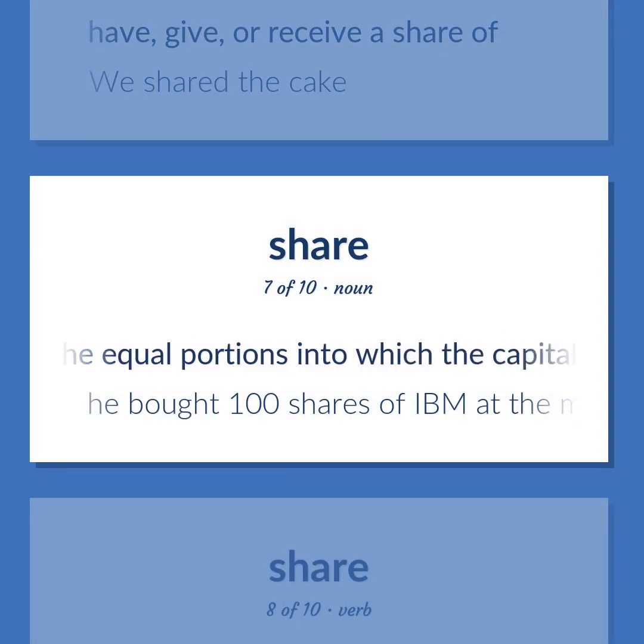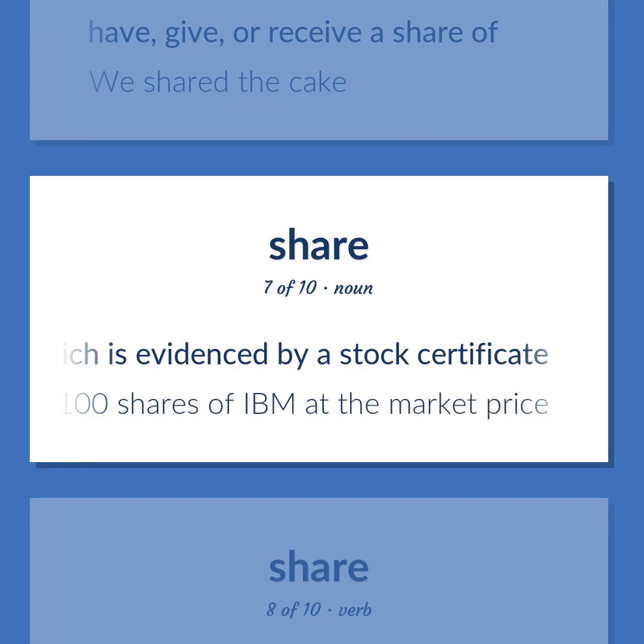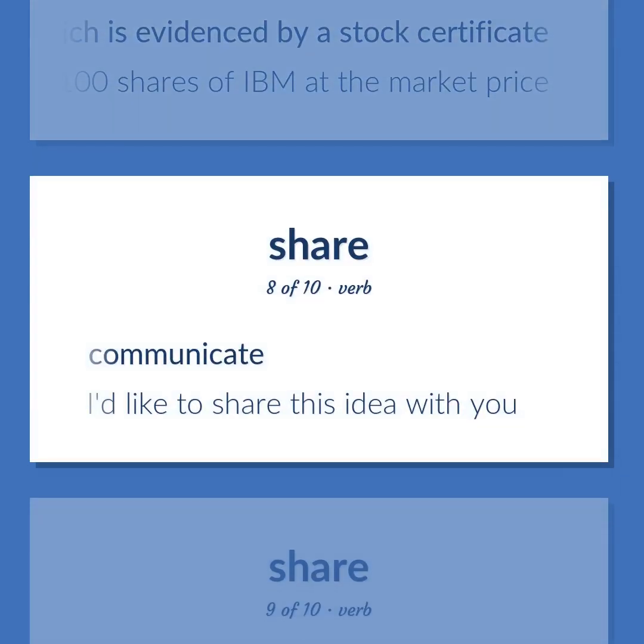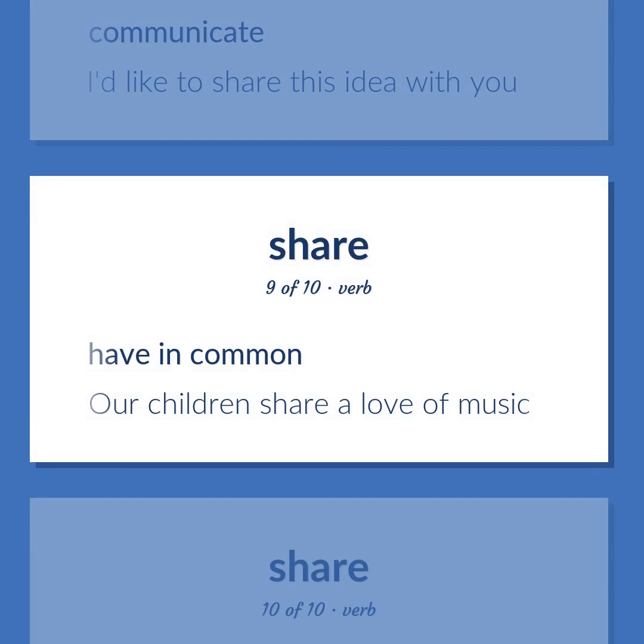Any of the equal portions into which the capital stock of a corporation is divided and ownership of which is evidenced by a stock certificate. He bought 100 shares of IBM at the market price. Communicate. I'd like to share this idea with you. Have in common. Our children share a love of music.